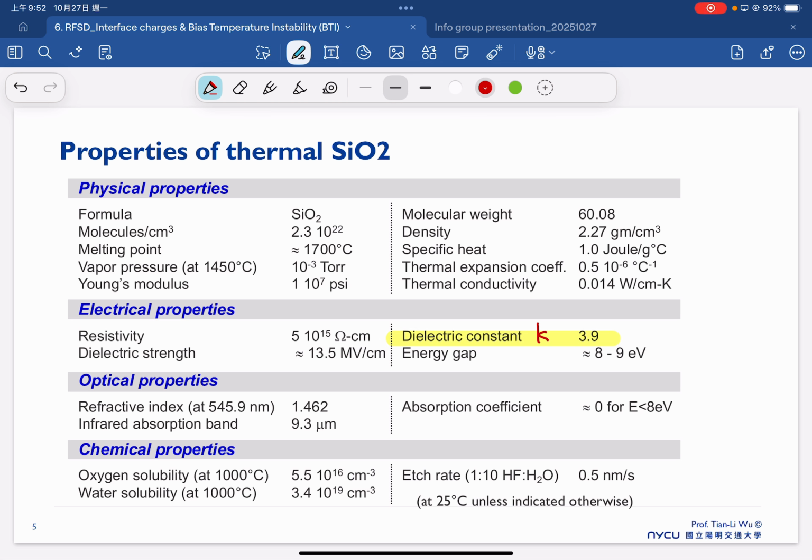Any material that has a dielectric constant larger than SiO2, that's what we call high K. And any material that has a dielectric constant lower than 3.9, that's what we call low K. Another important property is the band gap, which is around 8 to 9 electron volts.